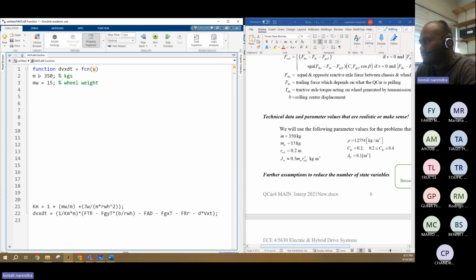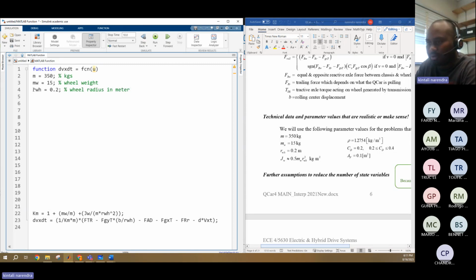Next, then what do you have? JW. Before that you need to define RWH. RWH is equal to 0.2, wheel radius in meters. Now you can define JW.